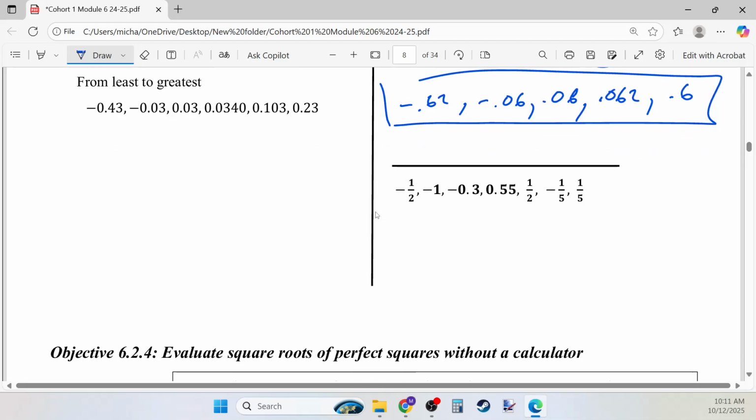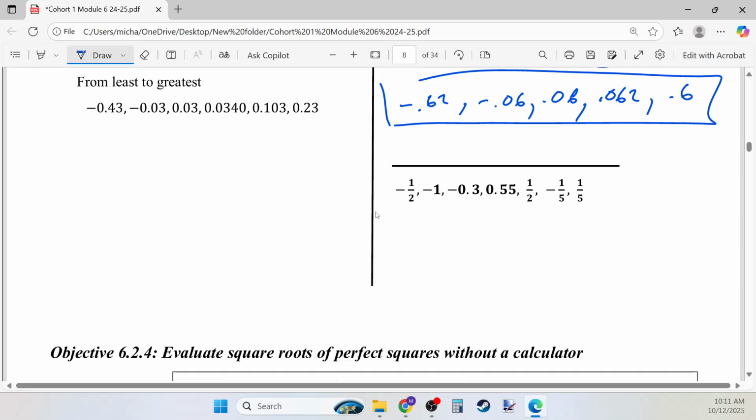Do the same thing here. Now we have fractions though, so you might want to convert those to decimals. Decimal just really means that the denominator is a power of 10. We have 1/2. The decimal equivalent would be 5/10 because 2 times 5 is 10, and 10 is a power of 10.